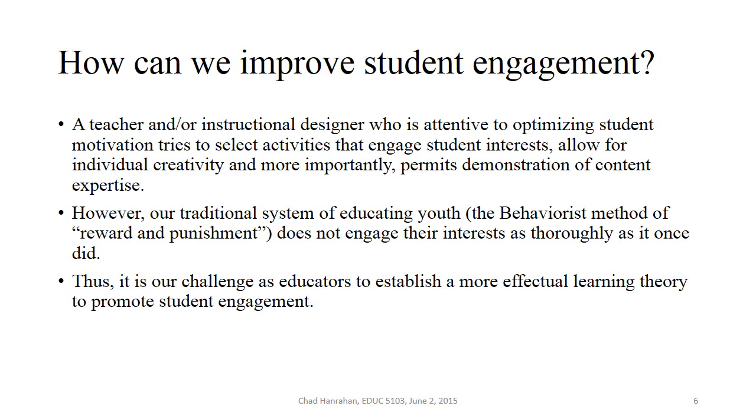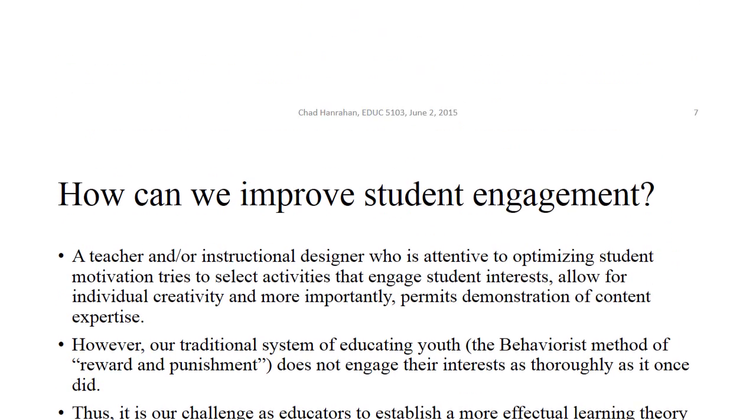So I guess it's our challenge as educators to establish a more effective learning theory to promote student engagement. So we're always trying to get better as teachers to figure out how to help kids learn better. So learning different theories of how they learn probably could help engage them better. So this is what I've discovered.